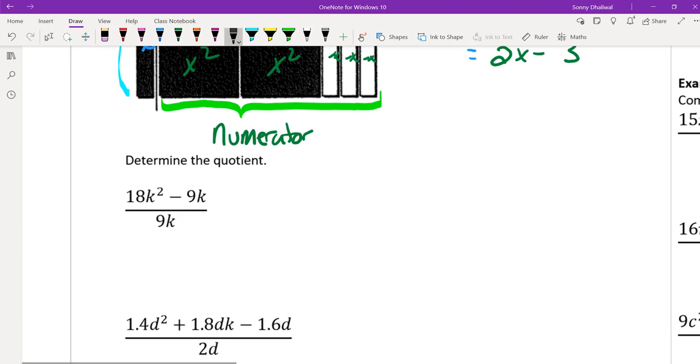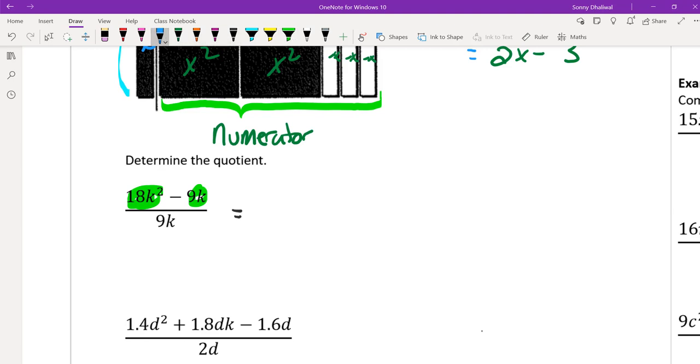Now, what we do is we take this polynomial and we make it into a division of monomials. Right? We have 2 terms here in the numerator.